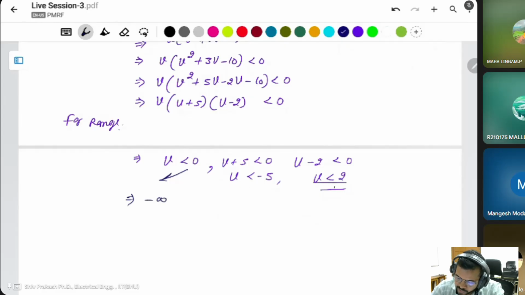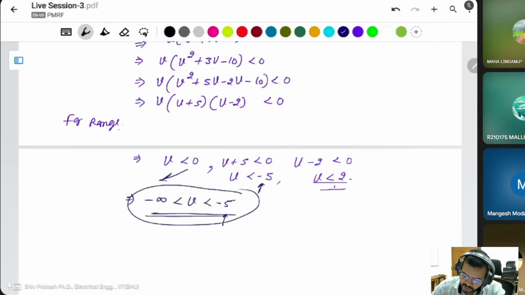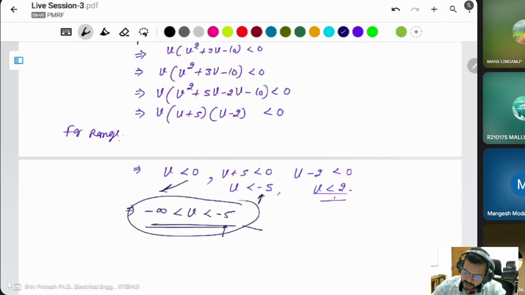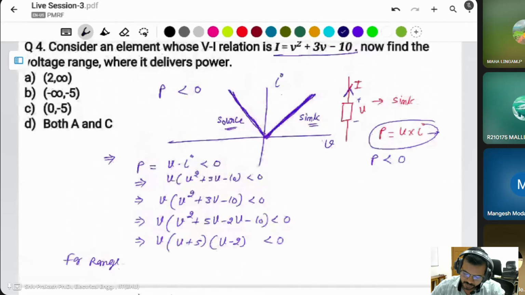Then it is less than 2, okay, but less than minus 5 is also there. You can't say 2, because minus 5 is there, and 2 is greater than minus 5. That's why you take only minus 5. It means the range is minus infinity to minus 5. Same thing, you can say current is positive, the voltage should be negative for delivering the power.